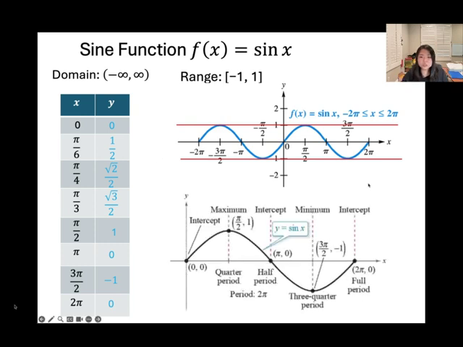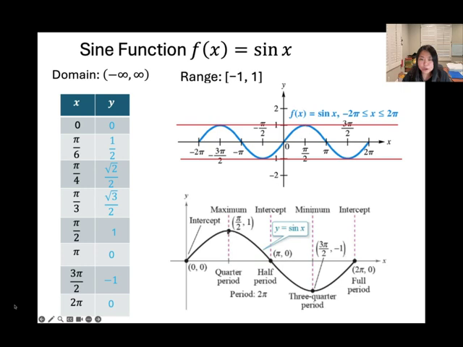Okay, so look at the graph in here. I'm only going to consider this part and make it bigger. First, you're going to see the intercepts: 0, 0; pi, 0; and 2 pi, 0. And then we have the maximum value, the highest point.